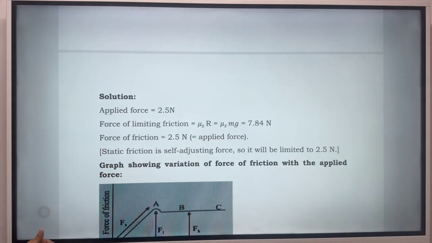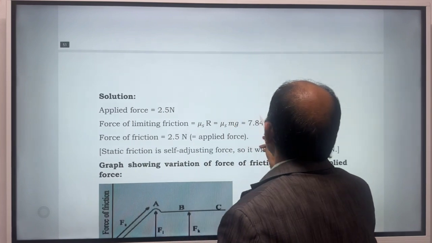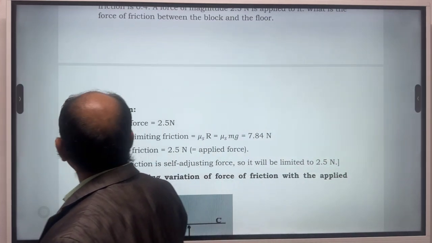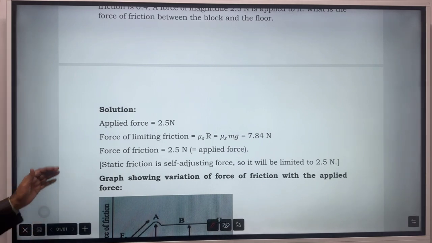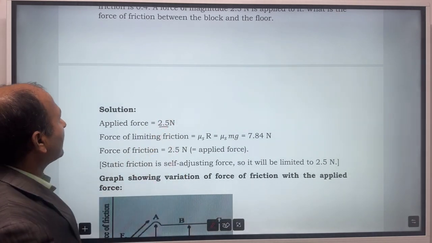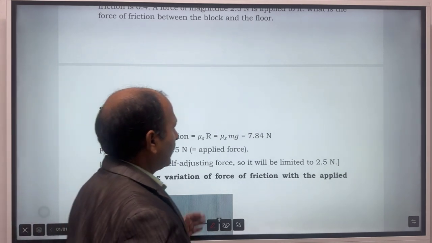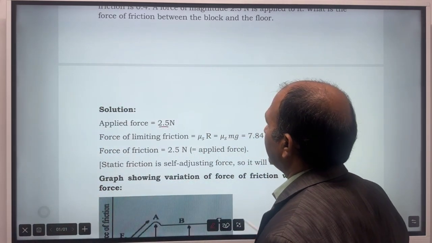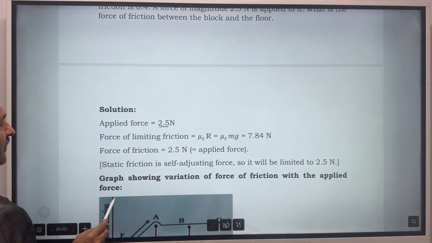So question is, if limiting friction is this much, 7.84 Newton, and applied force that is limited up to 2.5 Newton, then what will be the value of friction? So as you have studied that this static friction is self-adjusting force.